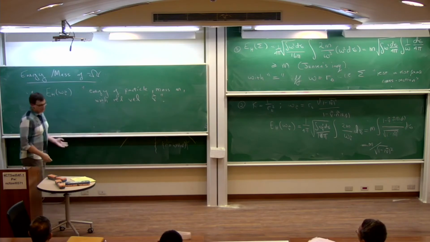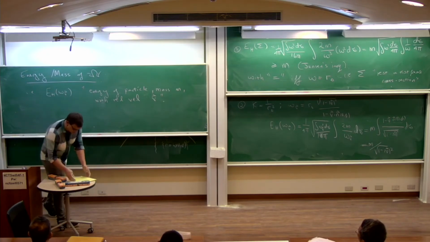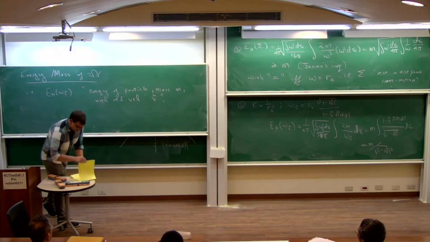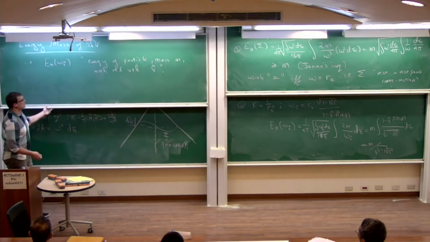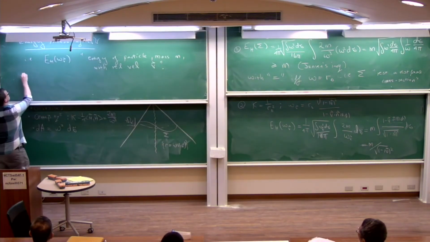All right, so that's at least the motivation I can give you for why we think of this as an energy. There are others, but let me save those for a later day. Okay, so this also allows me to motivate the notion of total mass.